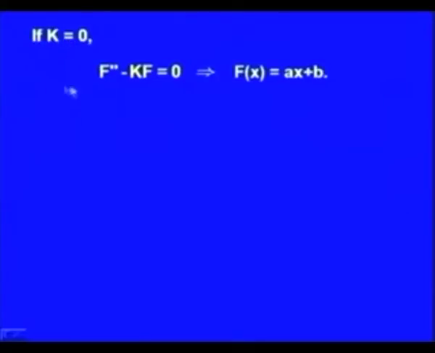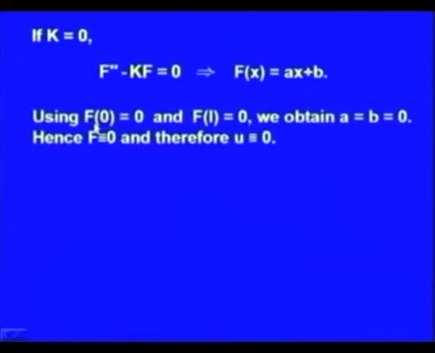If k is 0, f double dash minus k f equal to 0 will imply that f double dash is 0. So, that will give us, after integration twice with respect to x, f x equal to a x plus b. Now, we already have from the boundary conditions that f 0 is 0 and f l equal to 0.